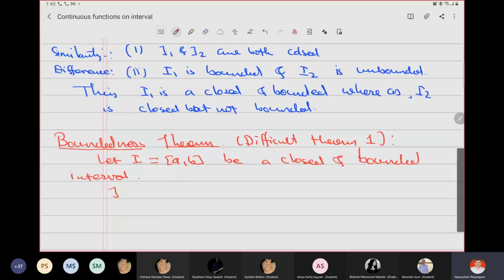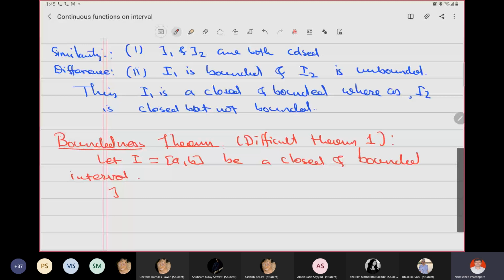If f from I to R is a continuous function, then f is bounded on I. Okay, so now read the statement carefully.